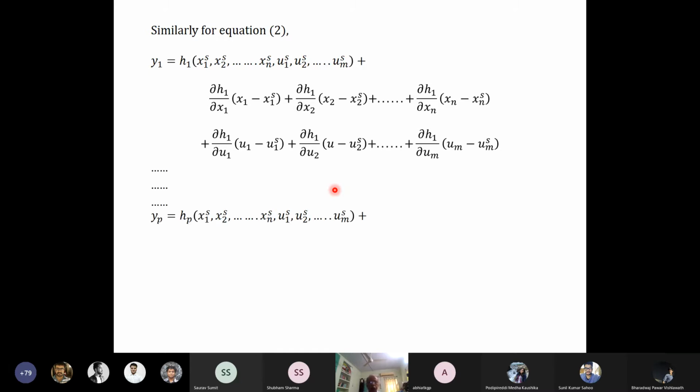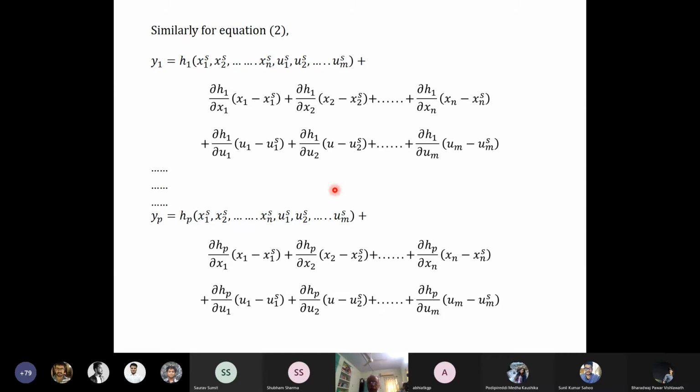In a similar fashion, for all the y's from y1 to yp, I will end up with a series of p equations which have these derivative terms that linearize these nonlinear equations.